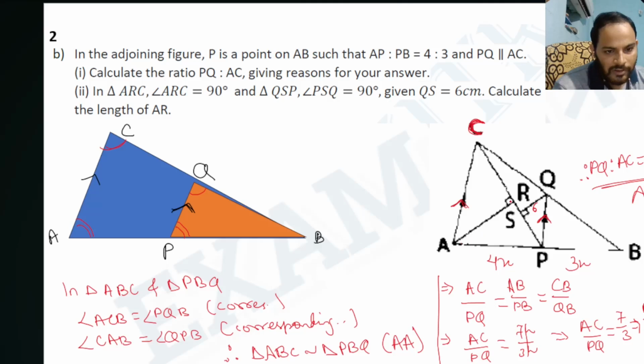Then calculate the value of AR. It is very clearly saying that you need to make these two triangles similar to find the value of AR. Now, can we make triangle ARC and triangle PSQ similar? If yes, how? Let's see.